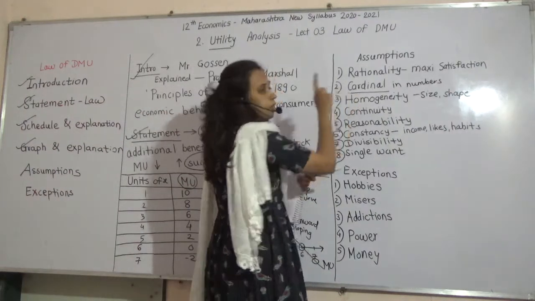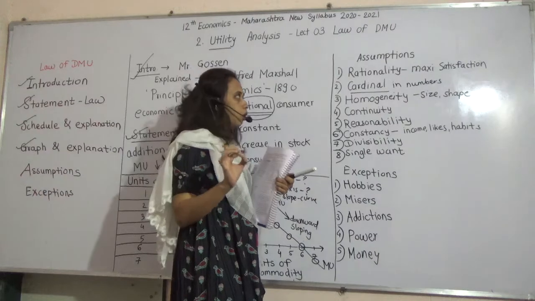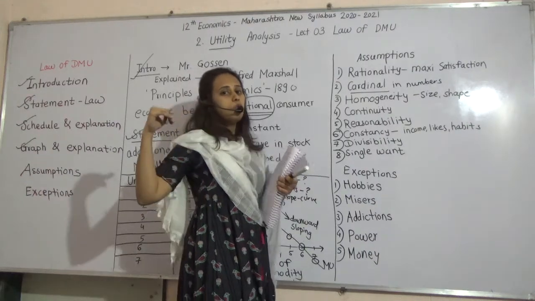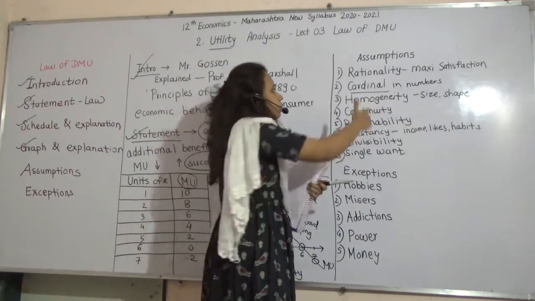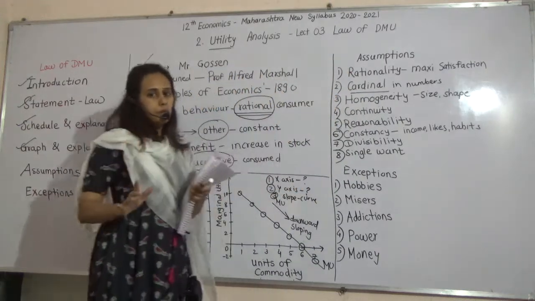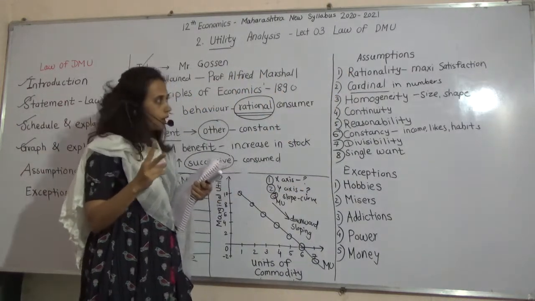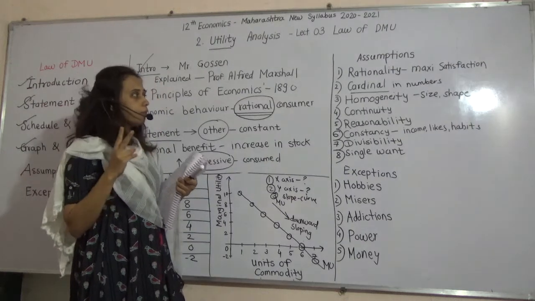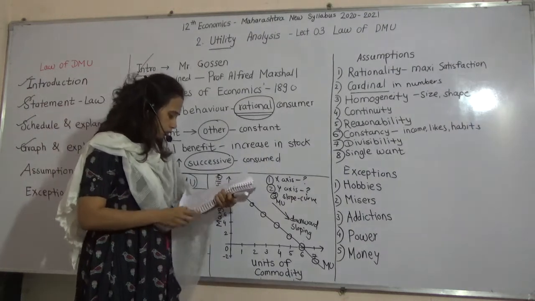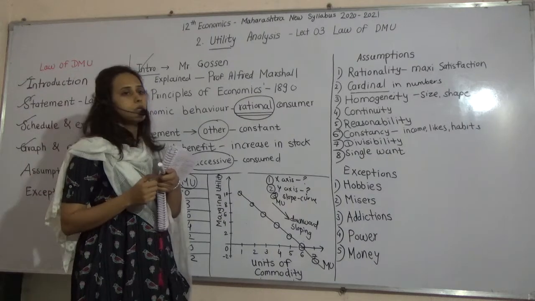So utility cannot be measured. But just to prove my law, we are going to assume that it can be measured in numbers. So our second assumption says that utility can be measured in numbers. Cardinal means in numbers.